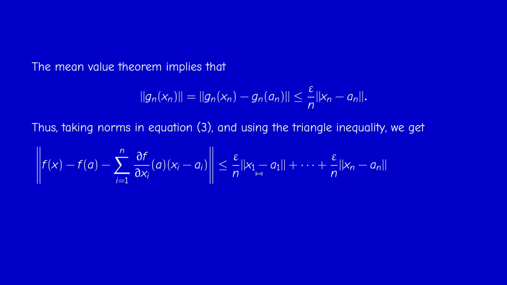So I can put the norm of x minus a in common. So I get epsilon over n plus epsilon over n plus epsilon over n, times the norm of x minus a. So this is at most epsilon times the norm of x minus a, and this is precisely the Fréchet differentiability condition of f at a.